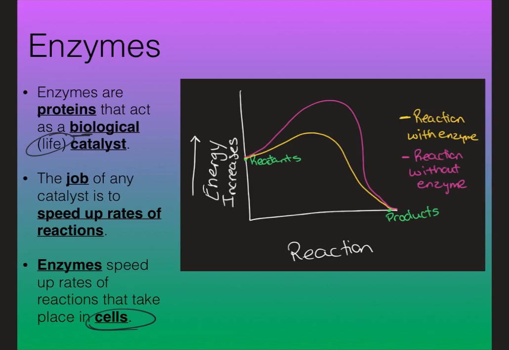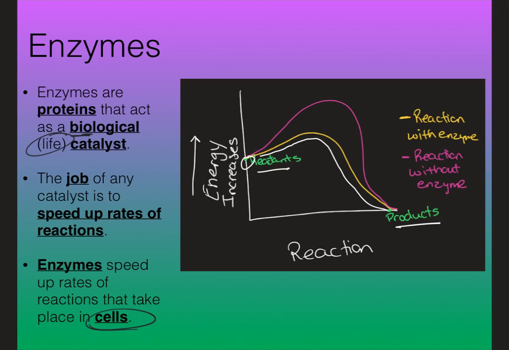Let's look at this chart right here so we can look a little closer at what I am referring to when I talk about speeding up these reactions. On the y-axis, we have energy increases, and on our x-axis, we have the reaction taking place. We always start with reactants, and obviously we end with products. Now our yellow line is the reaction with the enzyme. If we look at it carefully, it starts right here at the reactants, and as it goes up, it uses so much energy, and eventually it forms those new products, those new substances at the end.